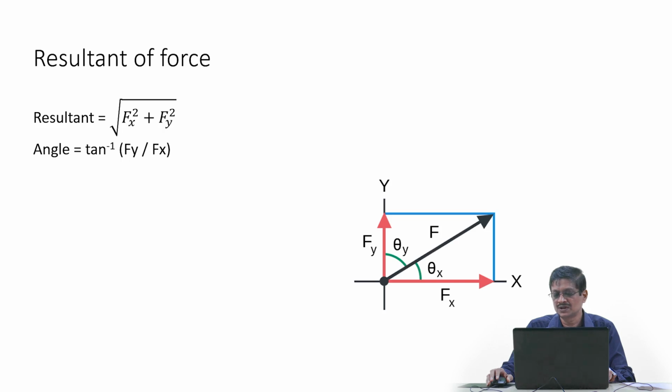You need to calculate the resultant, and you also need to calculate the angle which is made by the resultant with the x-axis. To calculate the resultant, the equation is very simple, that is square root of Fx square plus Fy square, and the angle can be calculated as tan inverse of Fy by Fx, that is the opposite side divided by the adjacent side. So let us try to execute this code in Python notebook.